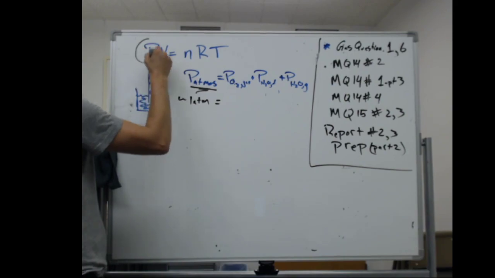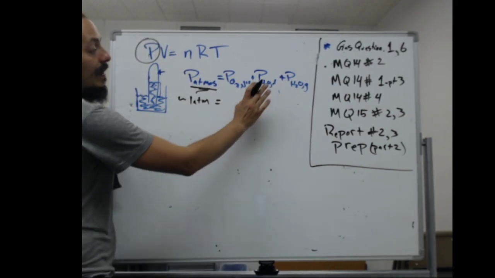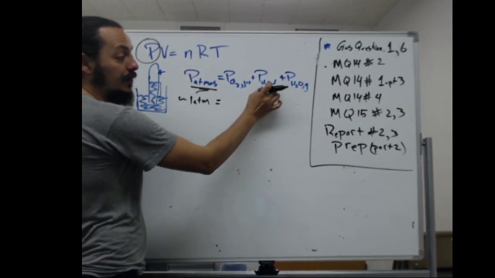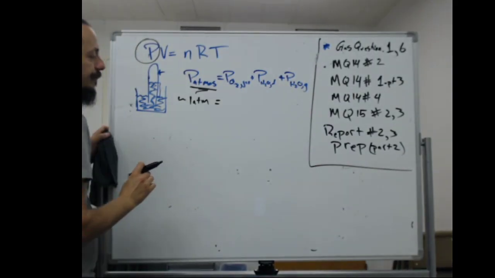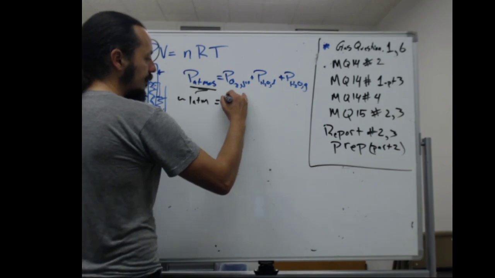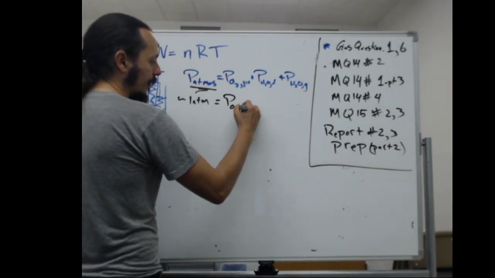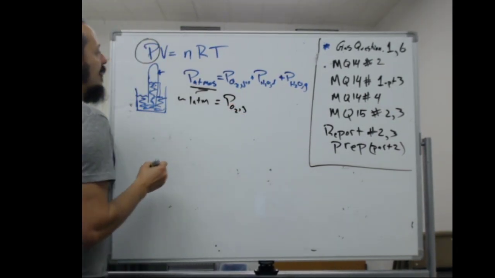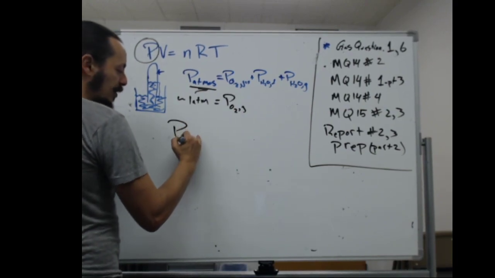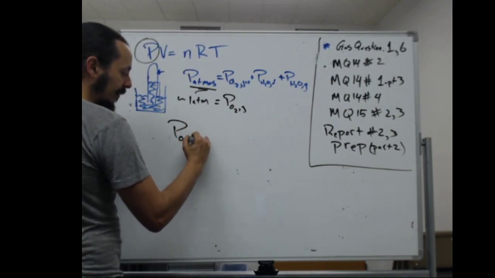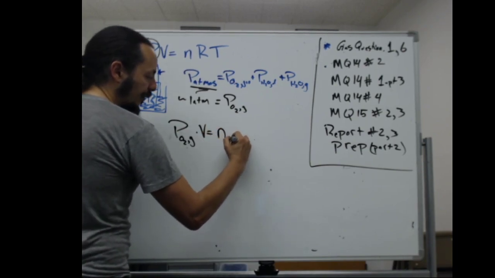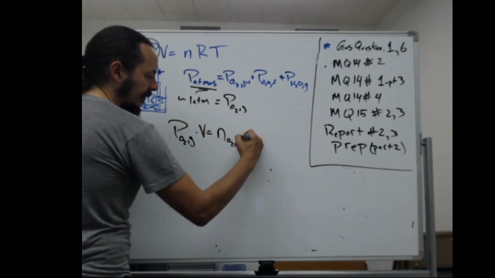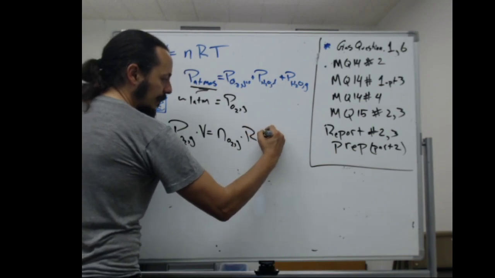That's going to get us this pressure term, where we're going to need to use those equations from the background to subtract those 2 things off. And the reason we want to do that is because we want the pressure of just the O2 gas times volume equals moles of O2 gas times R times T, right?